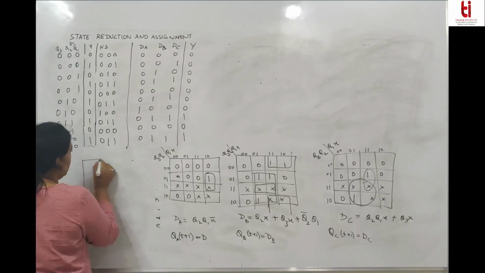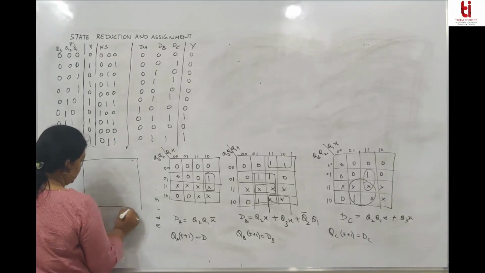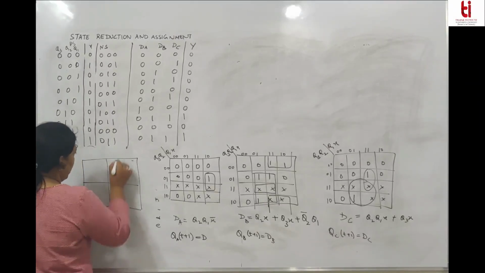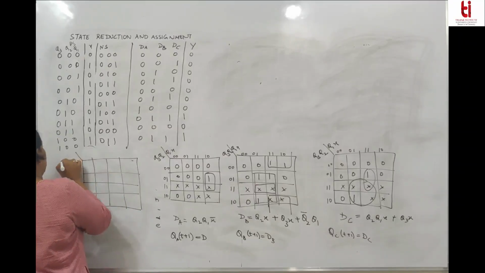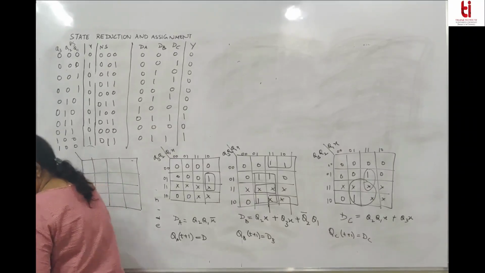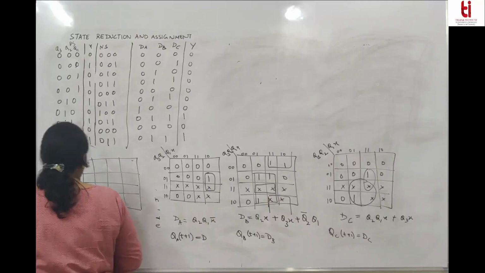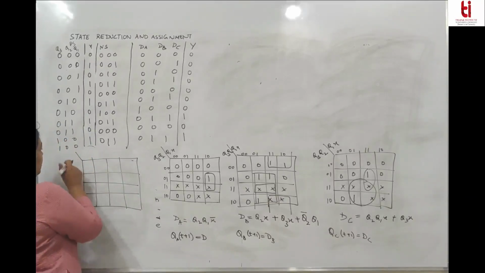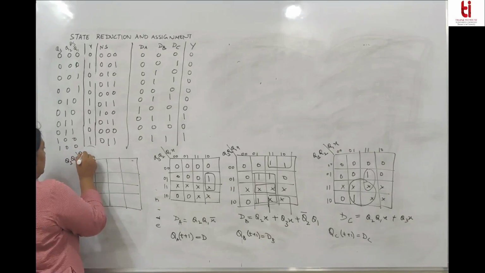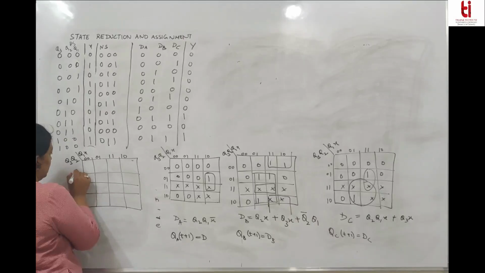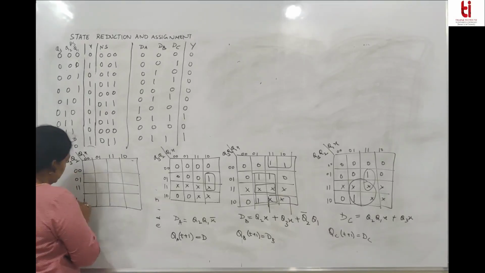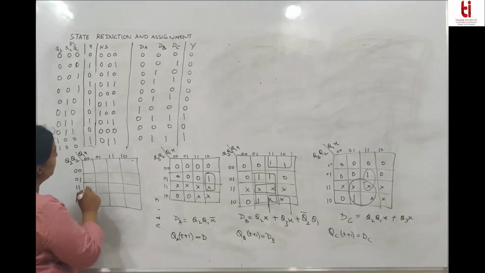I can have another K map just to get the output Y. Output Y. This is a K map.